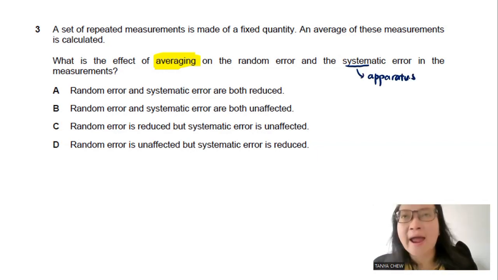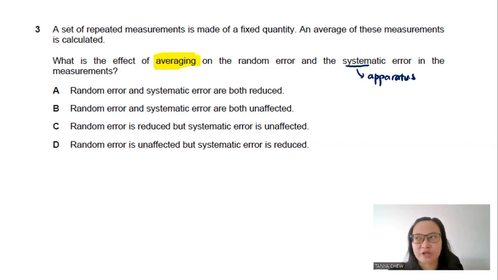When you are averaging, that means you take different values and find the average. Because random error is the error coming from all directions, you don't really know a specific cause to that error. You take many readings and find the average, random error could be reduced. But systematic error, let me give you a simple example.